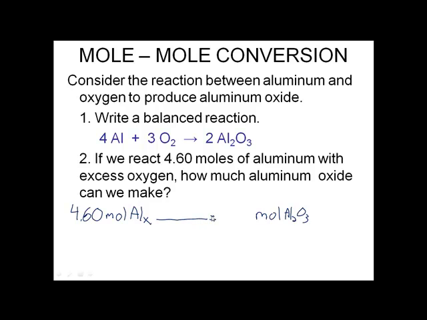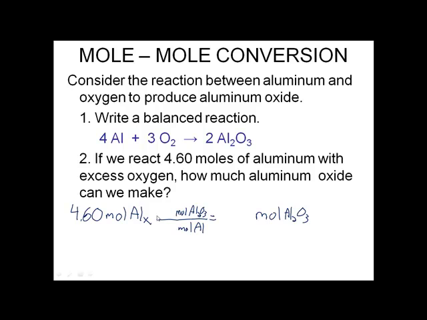I'm starting with moles of aluminum, so I need moles of aluminum on the bottom so that they cancel out. I want to get moles of aluminum oxide, so those need to go on top. Very simple. Easy so far.